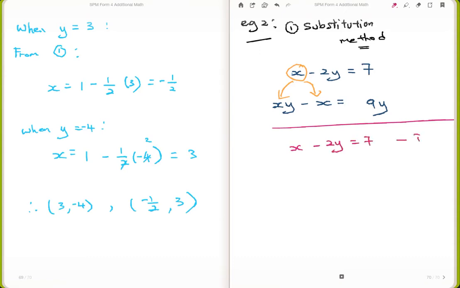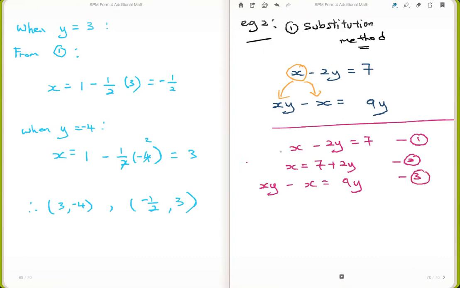This is my first equation, and then x would therefore be 7 plus 2y. This is my second equation. Then the second given equation, xy minus x equals 9y, is my third equation.